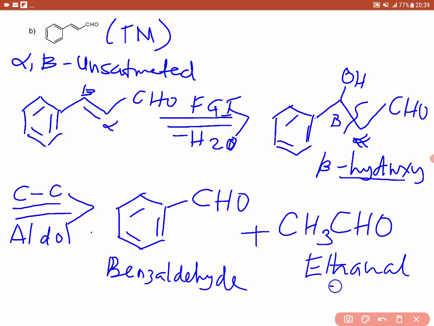These are the carbonyl compounds required to make our target molecule. This is an indication that the target molecule was made from a mixed aldol reaction, where one of the starting materials is benzaldehyde and the other one is ethanol.